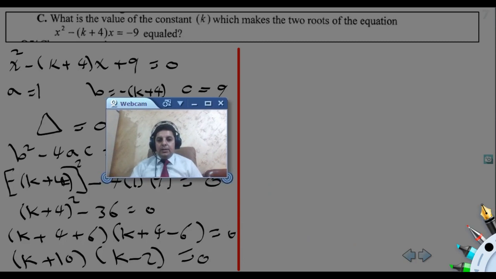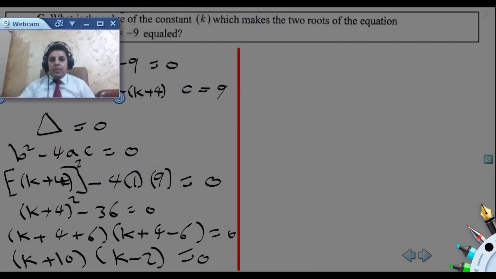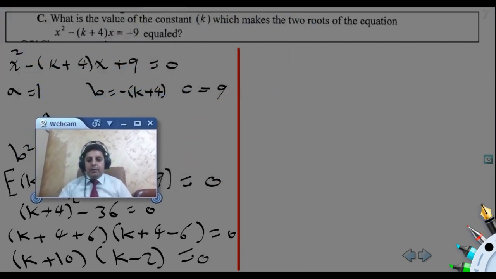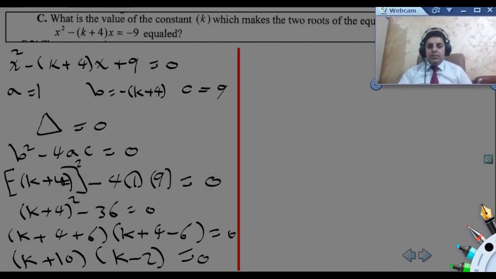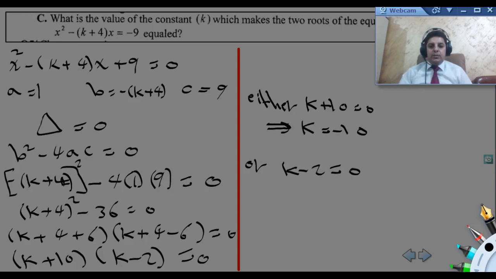Then by using either/or: either k plus 10 equals 0, then k equals negative 10, or k minus 2 equals 0, then k equals 2.